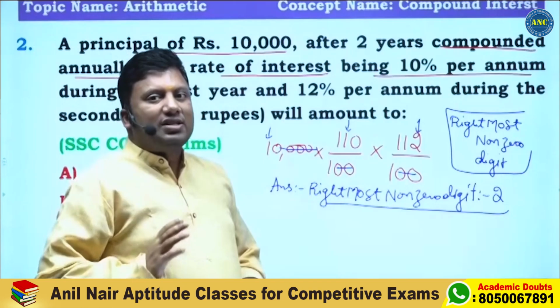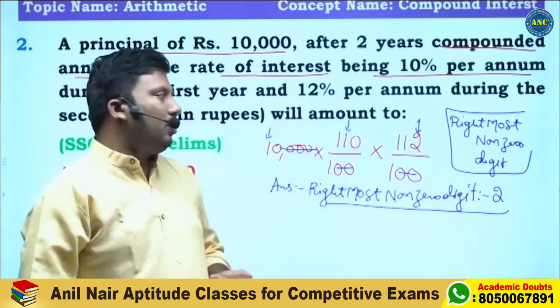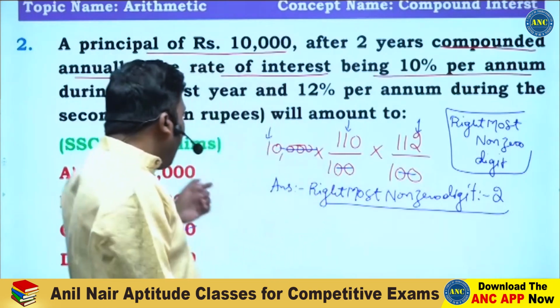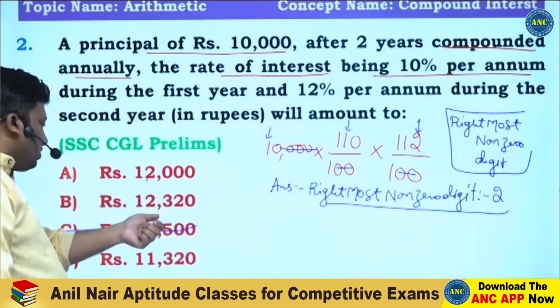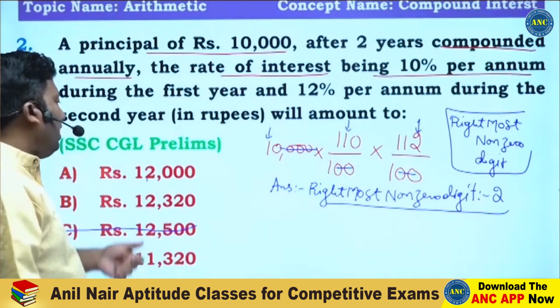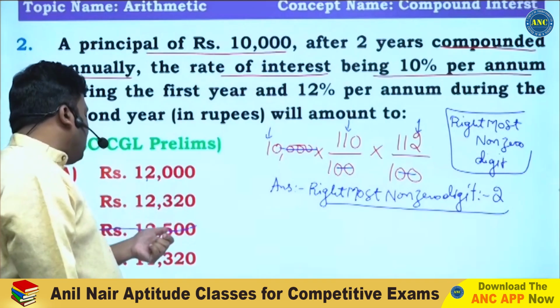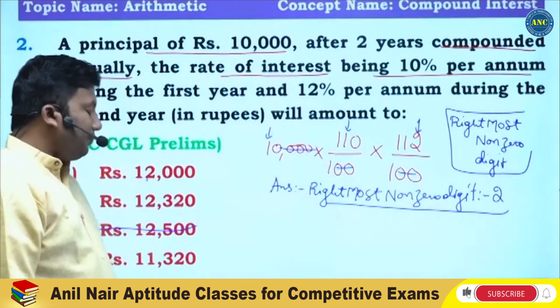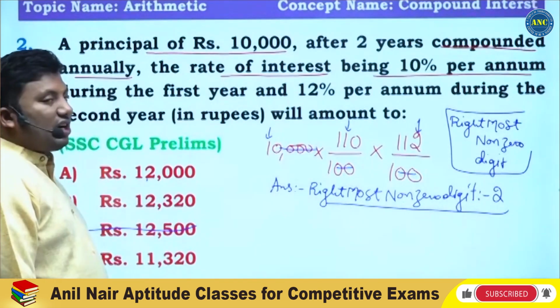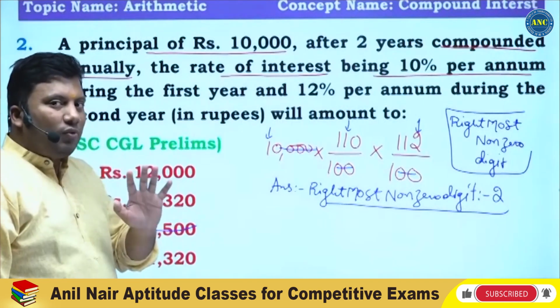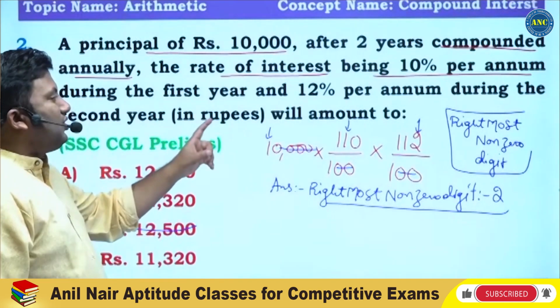Again, I am repeating this key line. It should be there in your notebook. If more than one answer option has the same rightmost non-zero digit, then you should not use this.